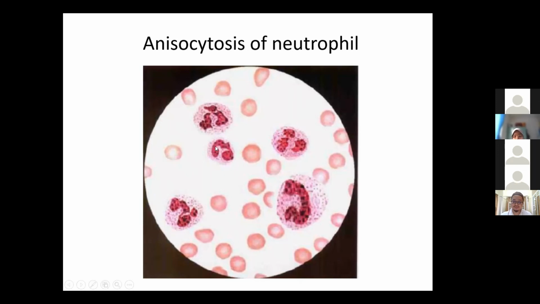This one maybe segmented neutrophil but 2 lobes. This one the lobe is not as good as this. If we look at the normal ones, they really have lobes. This one is not quite a lobe. Yeah, segmented. Okay, so varied. The presentation is very varied.